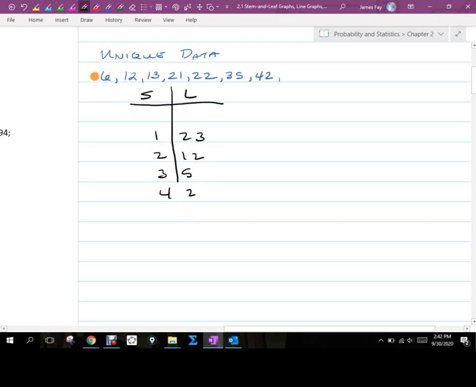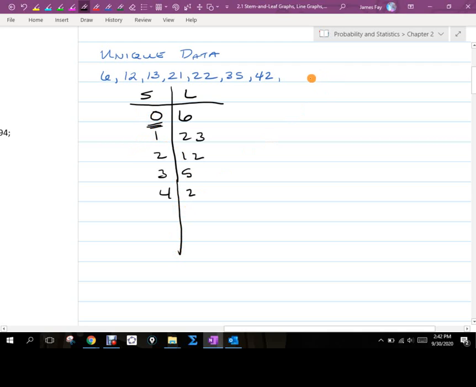How do I write 6? Okay, so I need to have a 0, 6 there, right? And that right there frustrates some people. They don't know whether to put something there and then 6 over here, leave that blank, put 6 over here as the stem. Does that kind of make sense? Okay, so just be on the lookout for that.